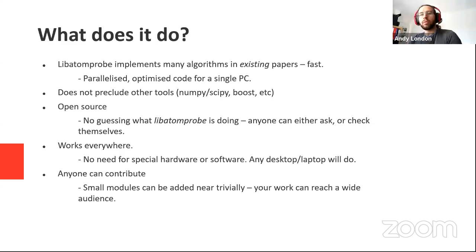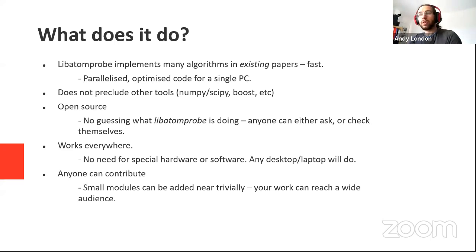This doesn't stop you from using your own code and doing your own analysis. So ideally, you wouldn't even know you were using libatomprobe. It would just be something you can use in the background. Whenever you need to open a new file format that's come out, we can implement that, and you can just call open file or whatever, and then libatomprobe would handle that and spit out the same formatted data that you would be expecting opening a POS file or an ePOS file.